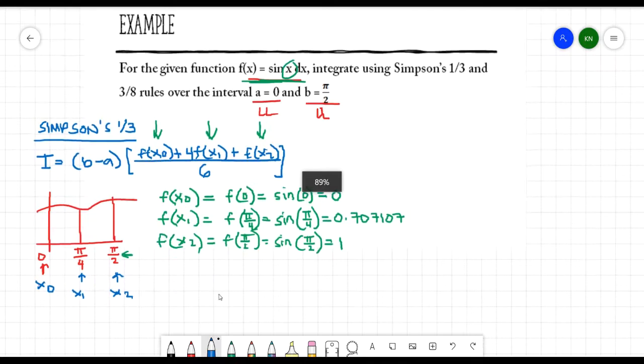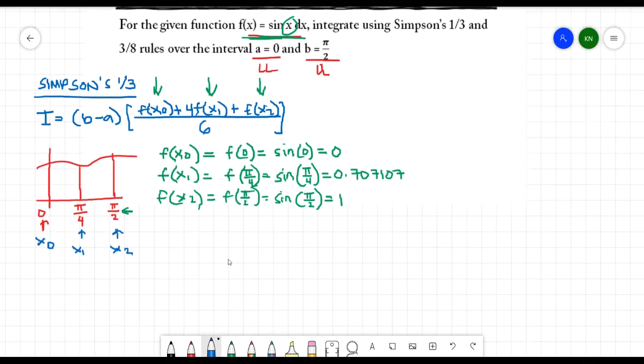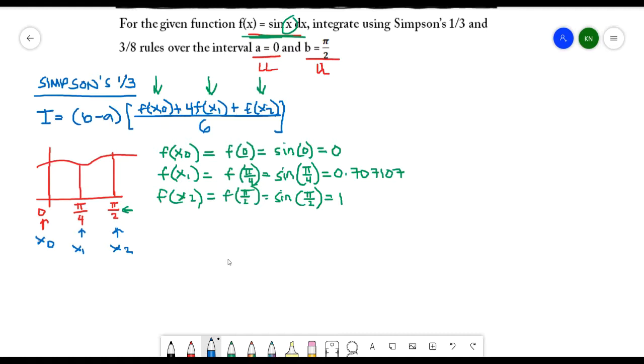Now, solving that one, we can already substitute the values that we got from our solving earlier.